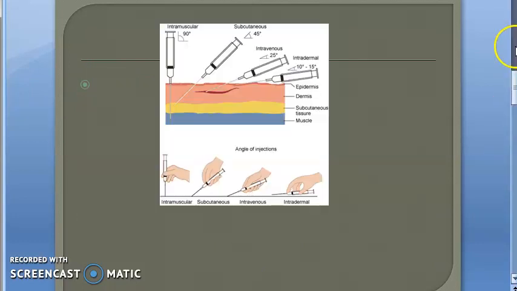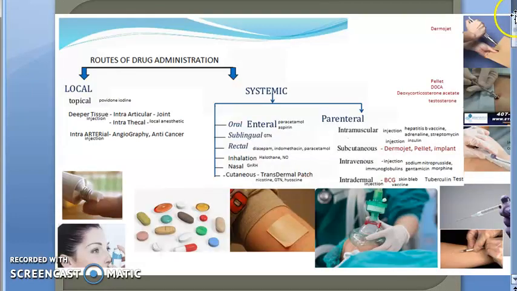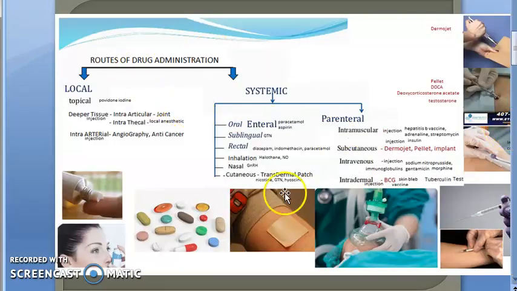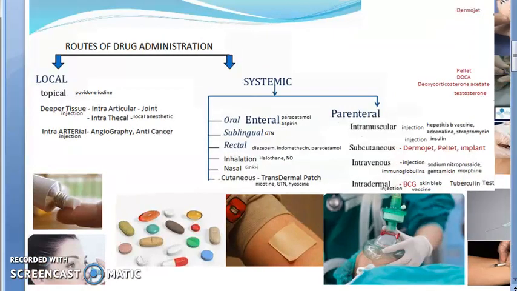So let's revise what we have seen so far in this video. We started off with general pharmacology. Routes of drug administration can be local or systemic. Local will be topical. Then you can have intra-arterial injection, intrathecal injection, intra-articular injections, etc. Systemic can be oral, sublingual, rectal, inhalational, nasal, cutaneous like transdermal patch.